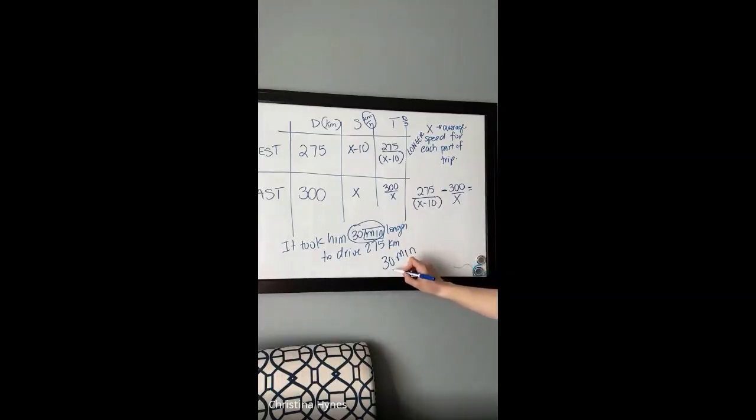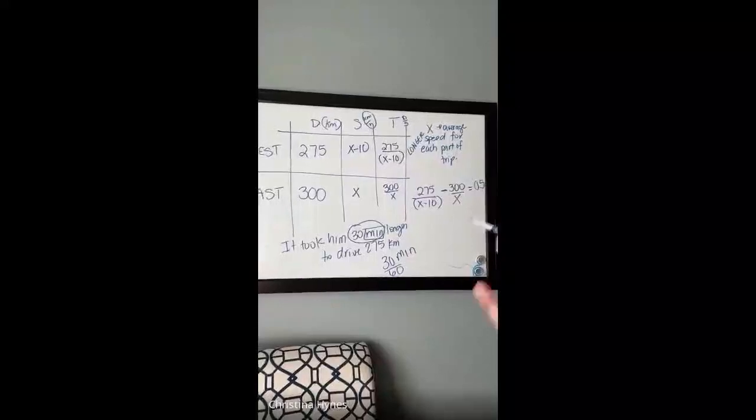So what you're going to do is divide that number by 60. We know that this is just a half, but 30 divided by 60 is 0.5 as well. So we're going to put 0.5 as the time difference between the two fractions. Make sure if you see minutes, convert it into hours for it to make sense.